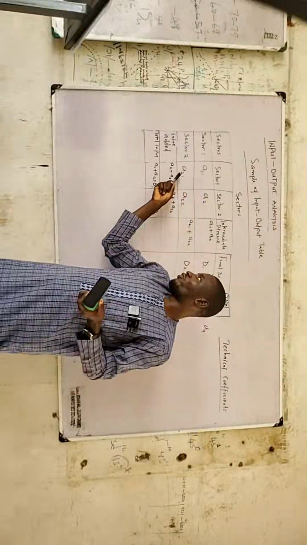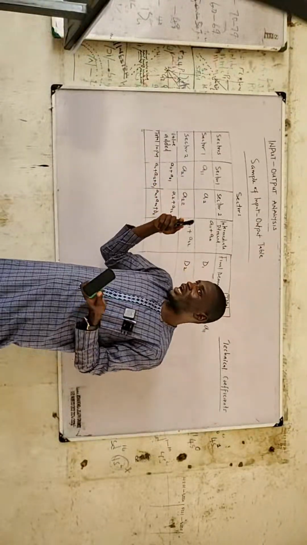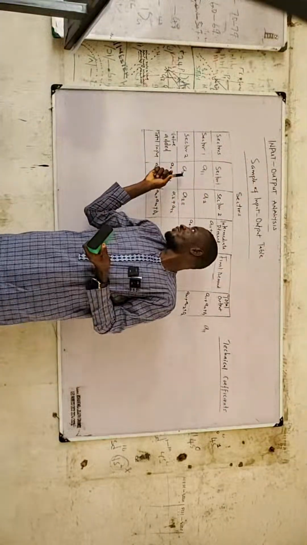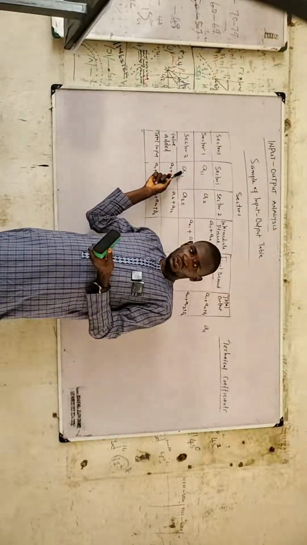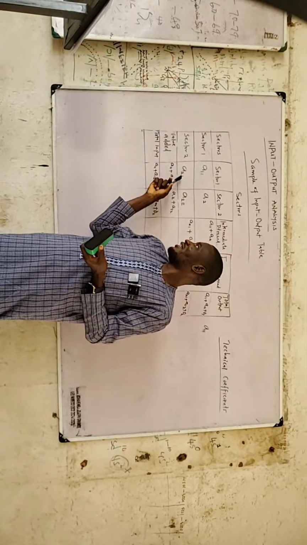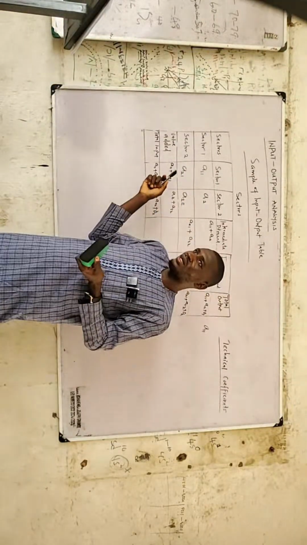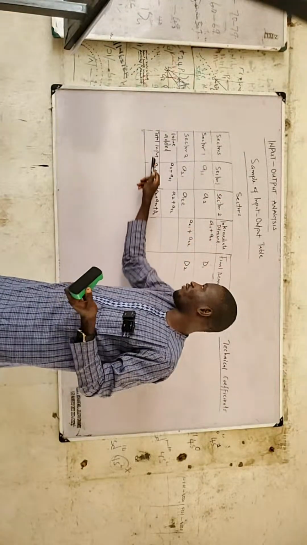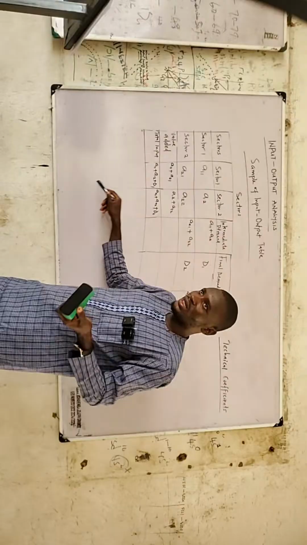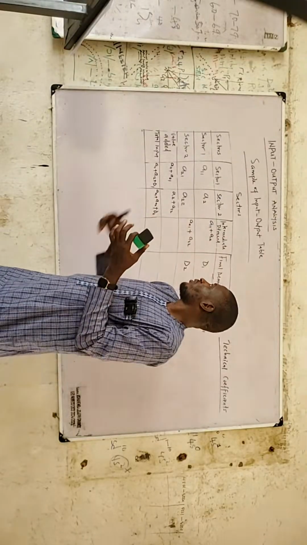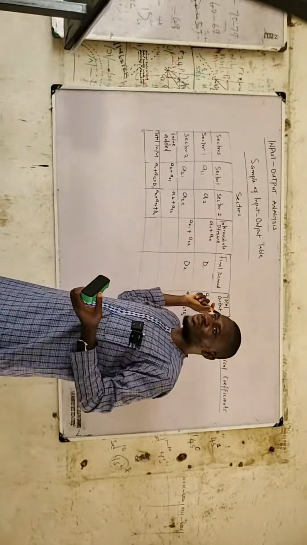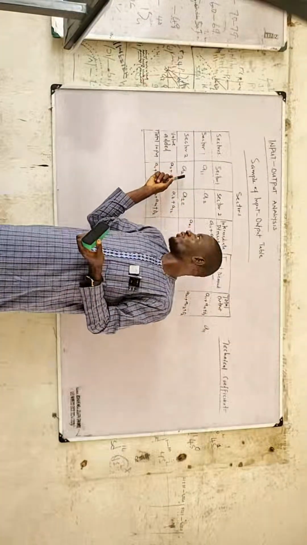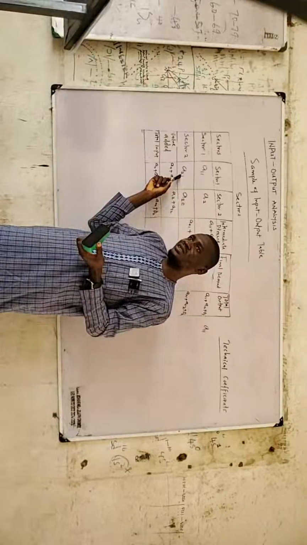This one is unit of output because you must have input before you use the input as input in another one. This one is unit of output in sector 2 used as input in sector 1. When you add like this you have total input coming down. Now when you add like this you have output. That is unit of output in sector 2 used as input in sector 1.